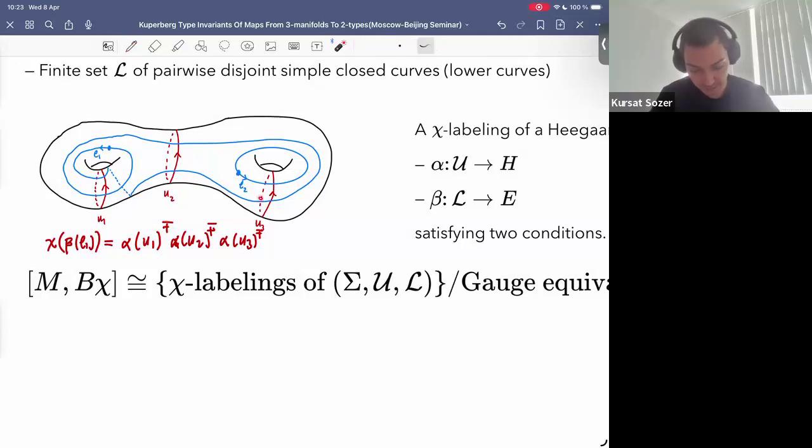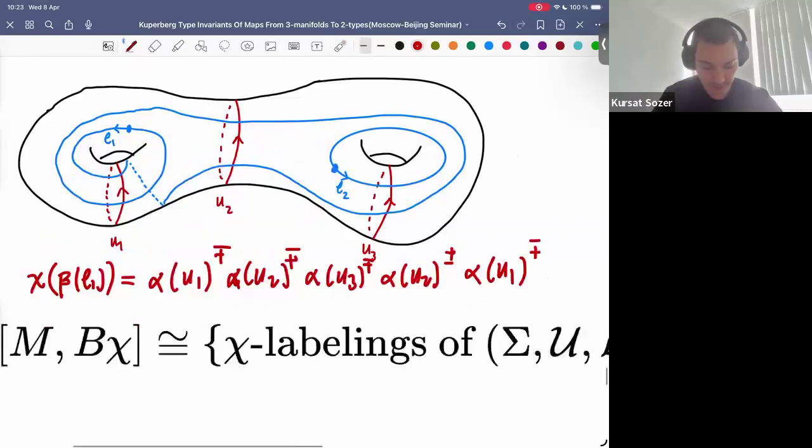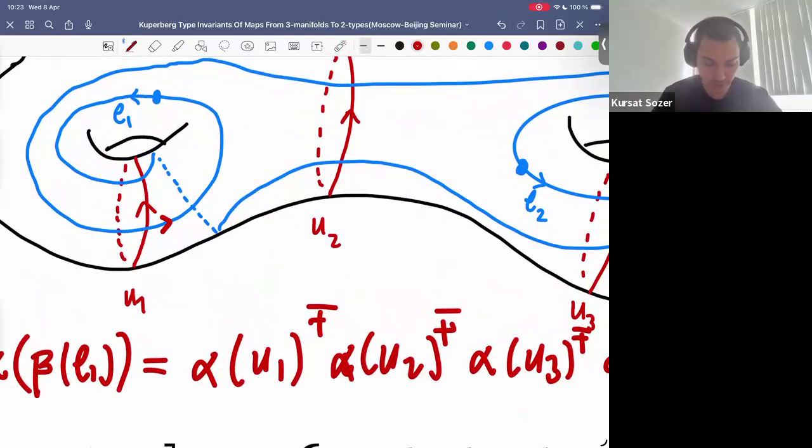Next we intersect with u2 again, alpha u2 minus plus. And next, before coming back, we intersect again with alpha 1, so alpha u1 plus minus.